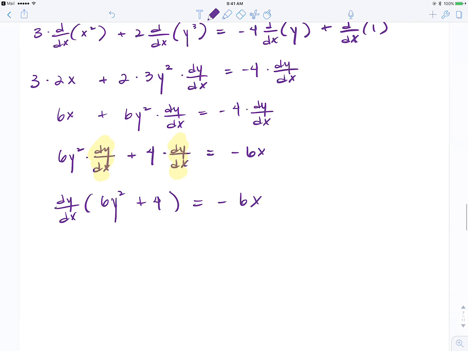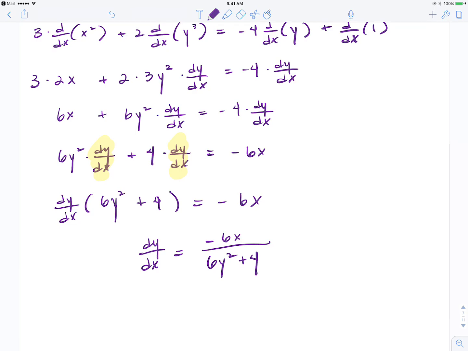So now to finish isolating dy over dx, let's divide by the quantity 6y squared plus 4 on each side. So we have dy over dx equals negative 6x over 6y squared plus 4. Finito. Done.